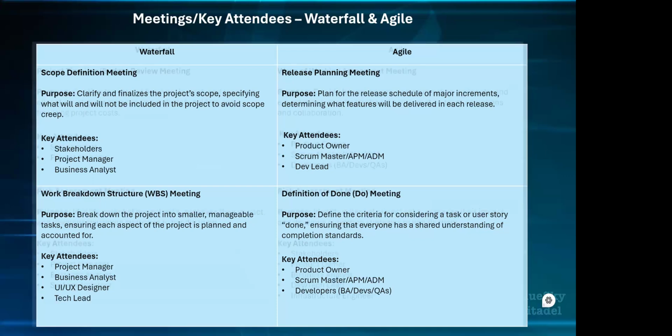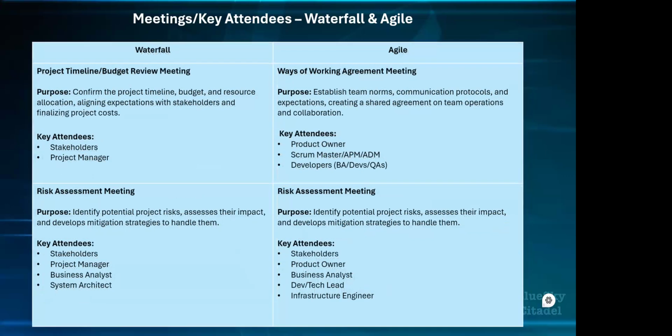And then we have the ways of working agreement meeting. Again, that's another meeting that incorporates every member of the team: the product owner, the BA, the Scrum Master, the developers, mainly facilitated by the Scrum Master, because it's an agile ways of working agreement. When it comes to agile, the Scrum Master is the process person, so they are able to facilitate that meeting.